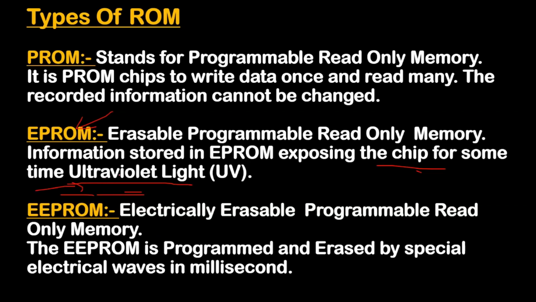That machine is only available with the manufacturer. That means if you have a motherboard with this EPROM, and by any chance this EPROM gets corrupted, in that case you have to send it to your manufacturer, to your service center. Only they can change that, and that is possible only 3 to 4 times.